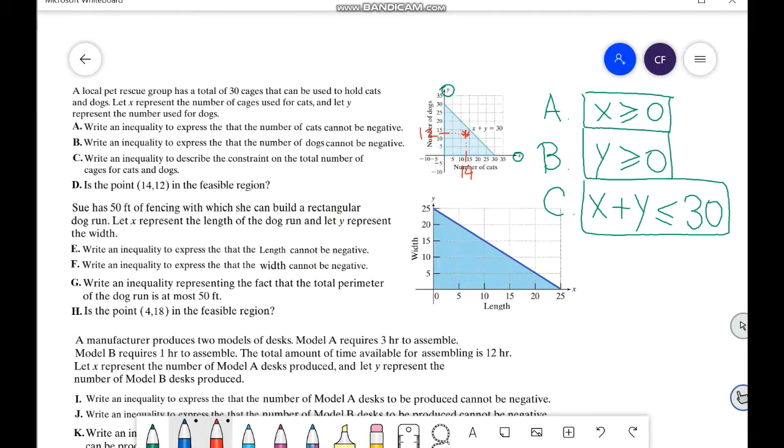The answer is yes. D, yes, it is inside the feasible region. Another way of checking, you can add x plus y, 14 plus 12 is 26, and check if 26 is less than or equal to 30. Yes, 26 is less than or equal to 30. So the answer for letter D is yes.